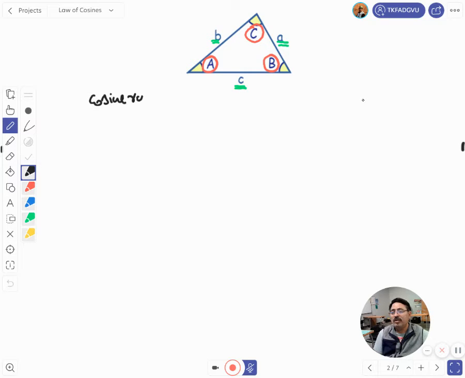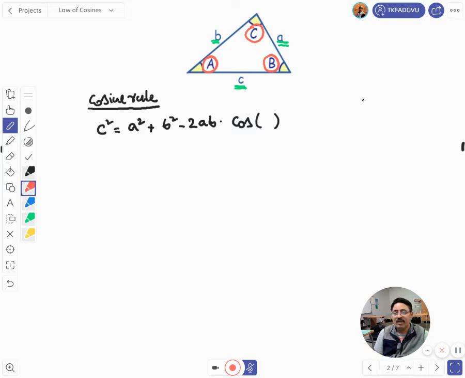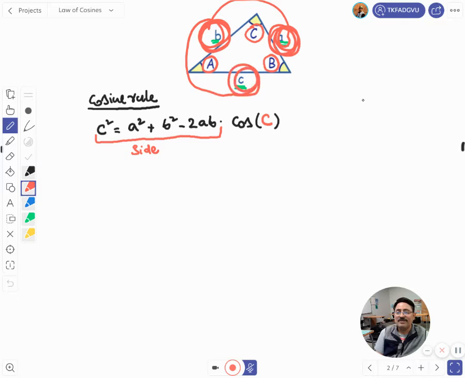The cosine rule is c square equals a square plus b square minus 2ab times cos C. Here, I'm going to make use of all the side values, which means side a value, side b value, and side c value.